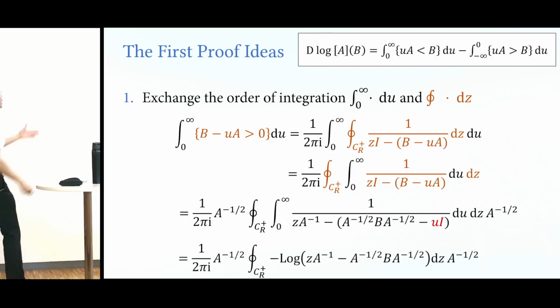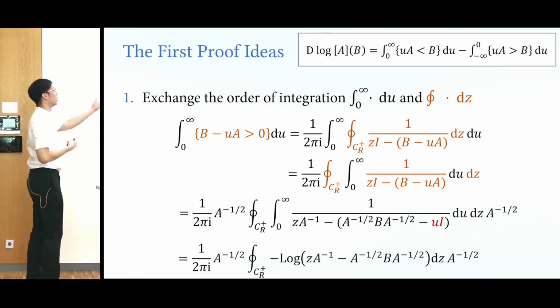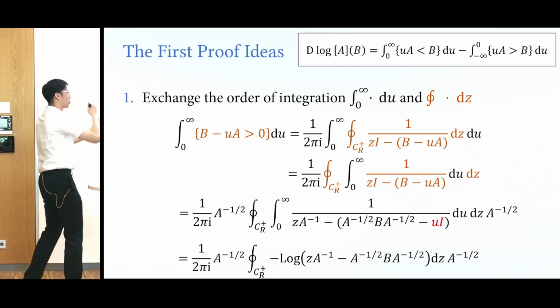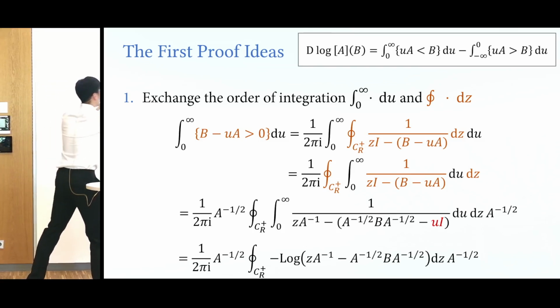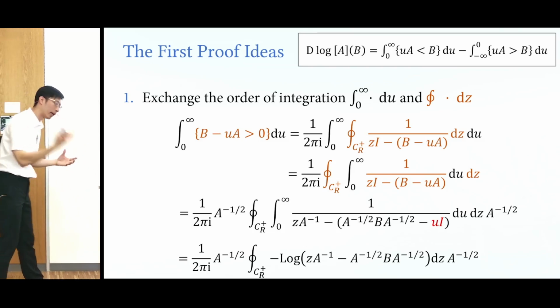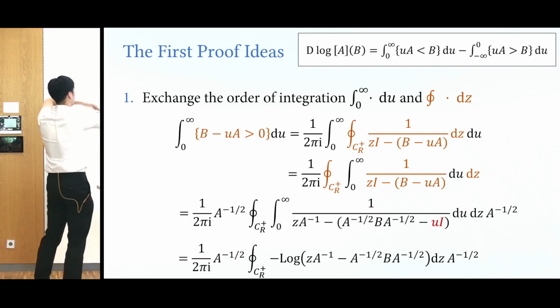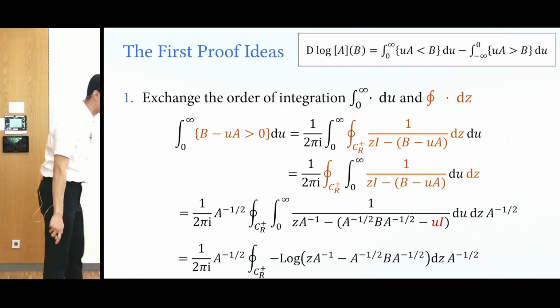So there we can get some log coming out by integrating this resolvent. So I want to show you why the log comes out. And for the integration of log, we can do integration by parts, putting this log into the derivative part. So that's why in the end we can get d log. And this is for the positive part. And by combining it with the negative part, in the end we can show the proof.